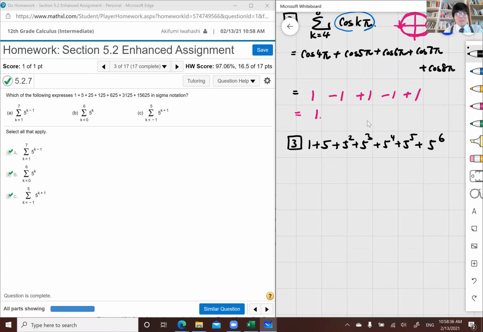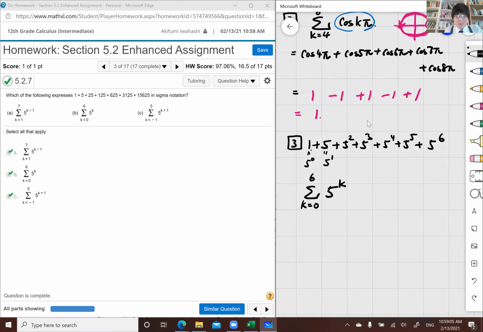Okay, so we are going to rewrite this one with sigma. Well, there are 7 terms, and one natural choice will be, well, this is same thing as 5 to 1, and this is same as 5 to 0. So natural choice would be, we have a bunch of 5 to the power of k, where k is starting from 0 and up to 6.